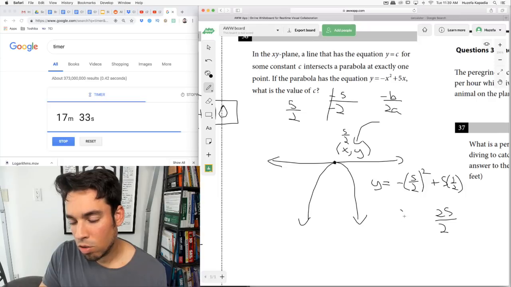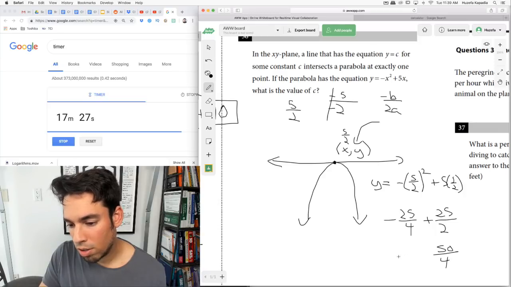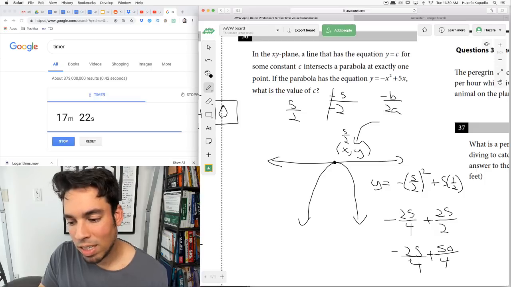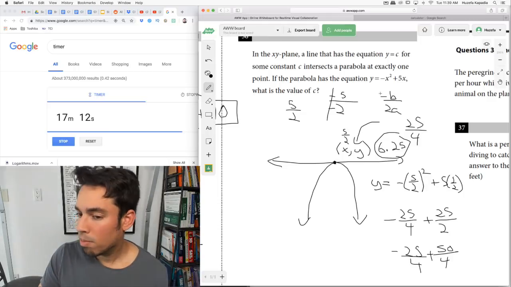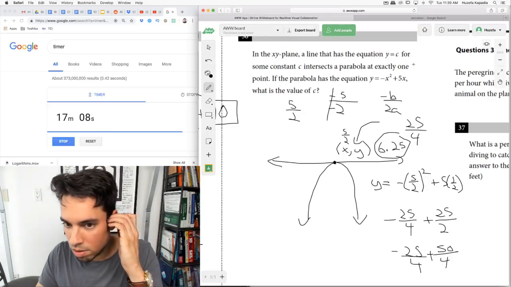This is negative 25 over 4. And then let's get common denominators. I could do this on a calculator, to be honest. So then this becomes negative 25 plus positive 20 plus positive 50, over 4, which is 6.25. I should probably check that on the calculator, right?